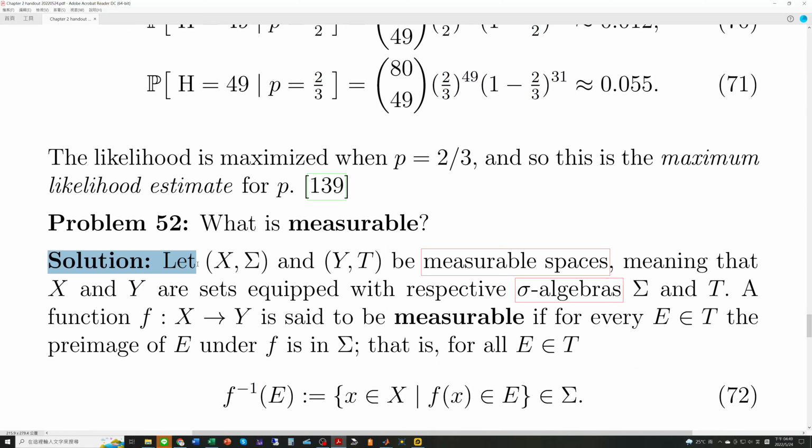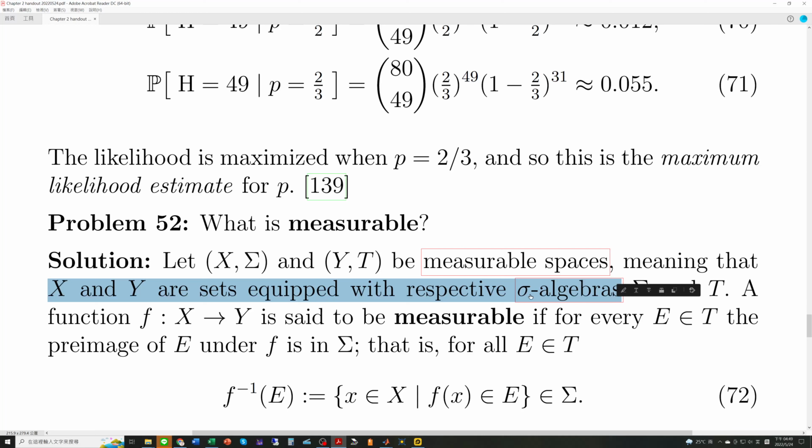Solution. Let (X, Σ) and (Y, T) be measurable spaces. We will introduce what are measurable spaces later, meaning that X and Y are sets equipped with respective sigma algebras Σ and T. I will introduce what are sigma algebras later.